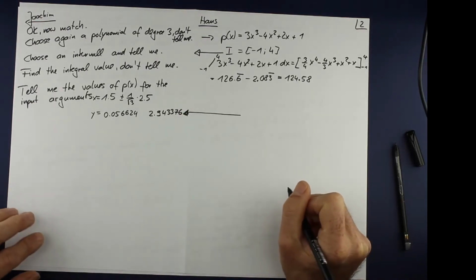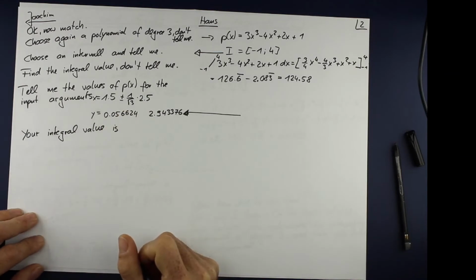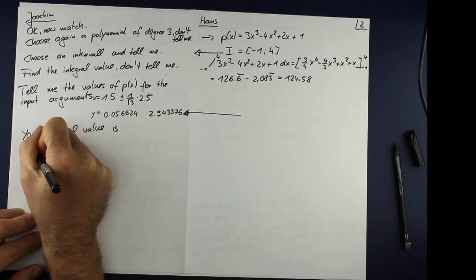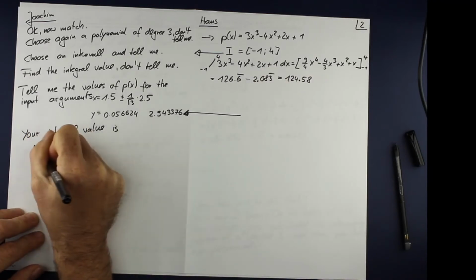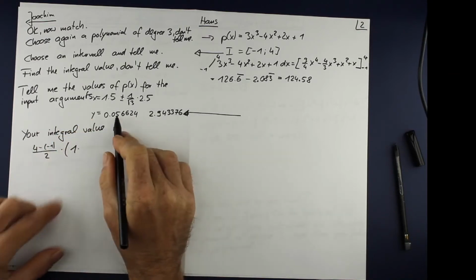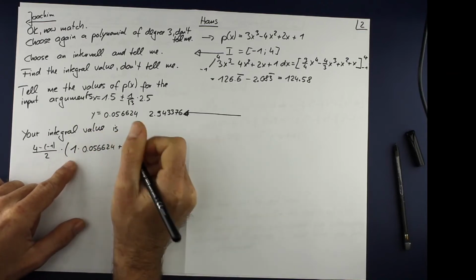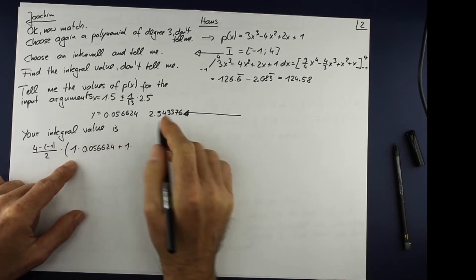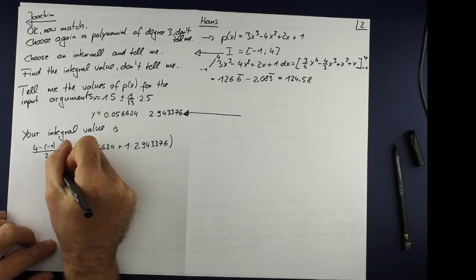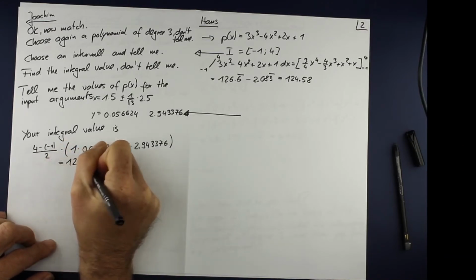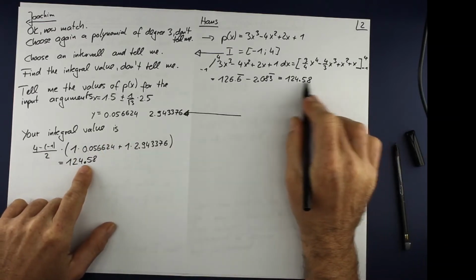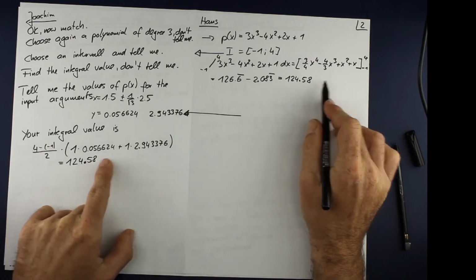Then I tell him, applying the formulas, I need the interval length and half of that, so 4 minus -1 divided by 2, which is 2.5, times the first weight times the first function value plus the second weight, again a 1, times the second function value. And then if I do that calculation, I get 124.58. If you do the job with more digits here and here, you will see also the following digits, all digits are correct.